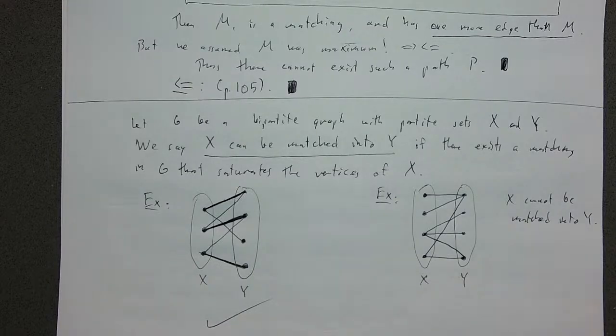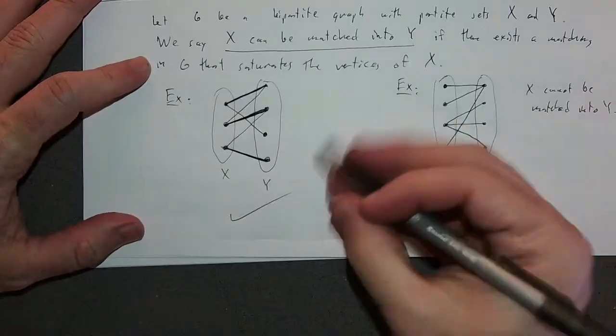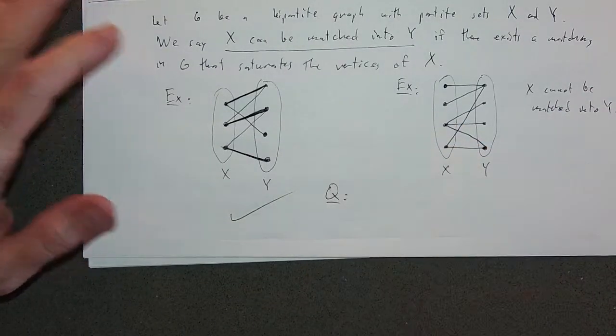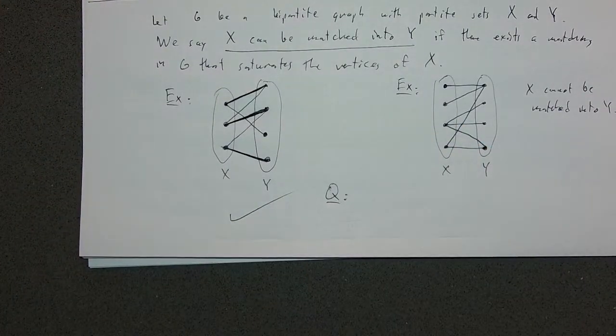Okay. Then the question seems natural: what conditions on a bipartite graph must exist if we want to match one partite set into the other?